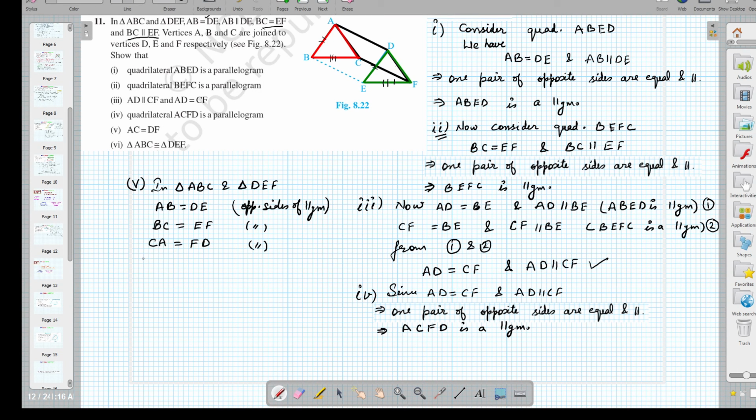By the SSS criterion of congruence, we can write triangle ABC, the red one, is congruent with triangle DEF, the green one. Hence proved.